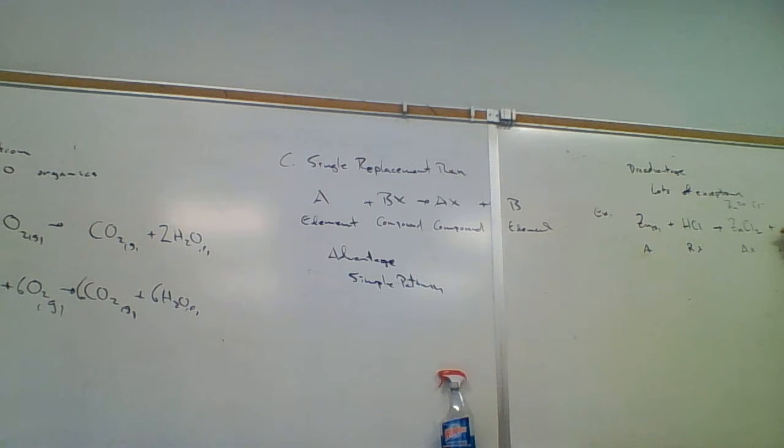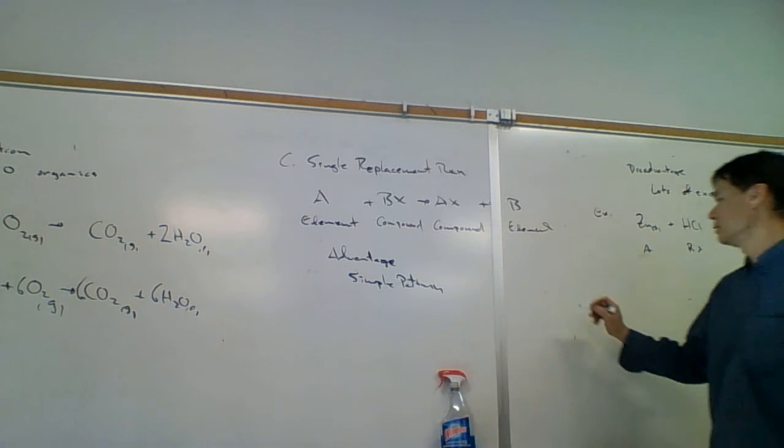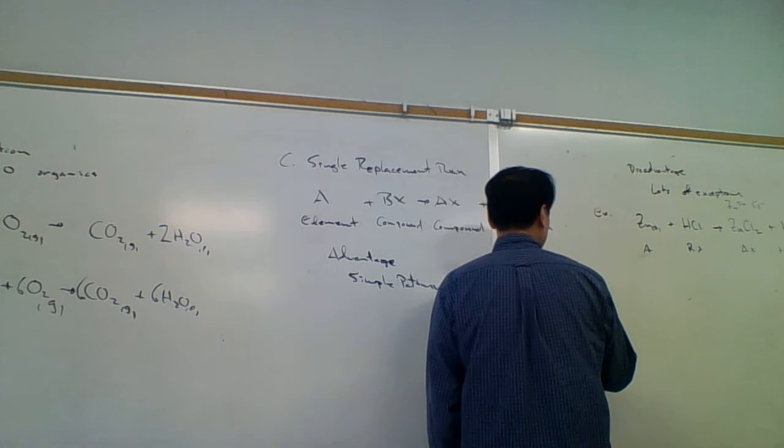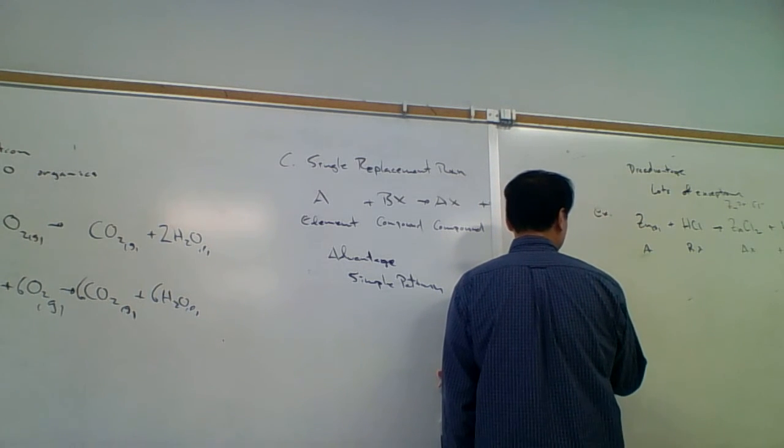AX plus B. The element is H, hydrogen. But is H stable as single atoms? No, and so if we form single atoms of H, they're going to combine to form diatomic molecules of H2. And so the pattern is simple: A plus BX equals AX plus B. Then we look for the driving force. The driving force is something called the activity series.